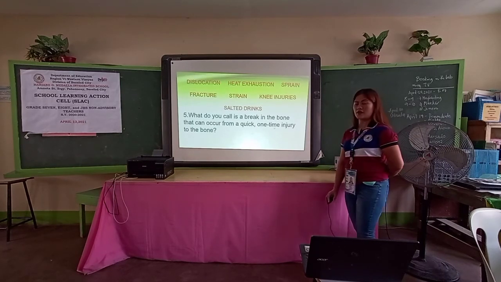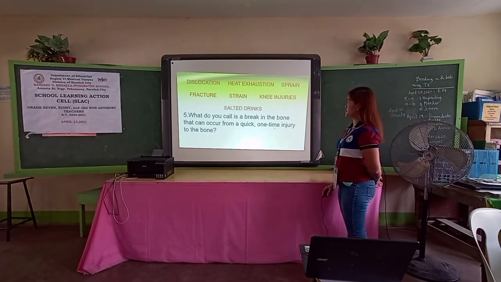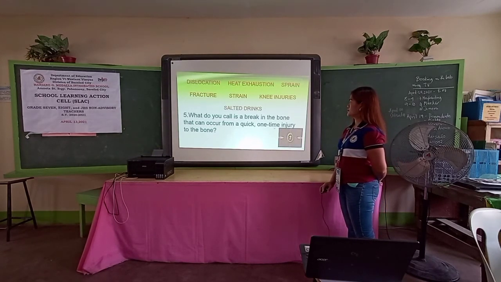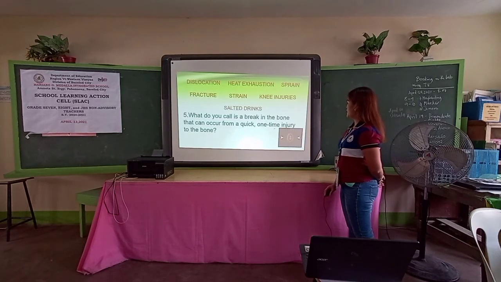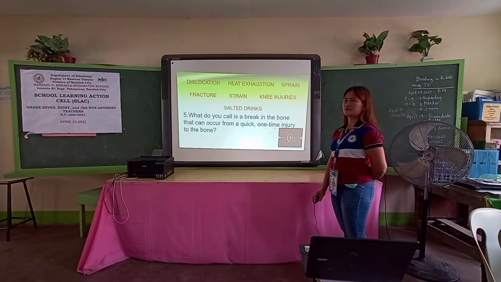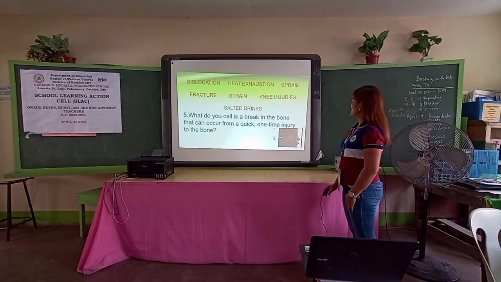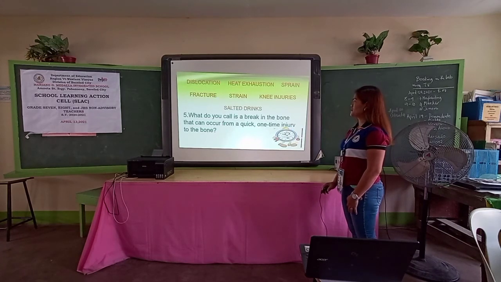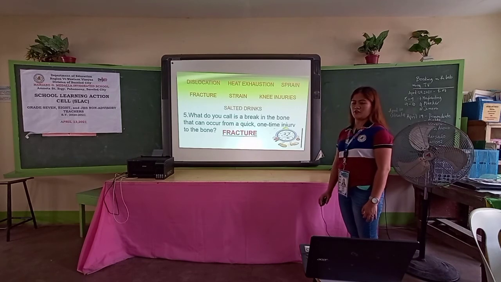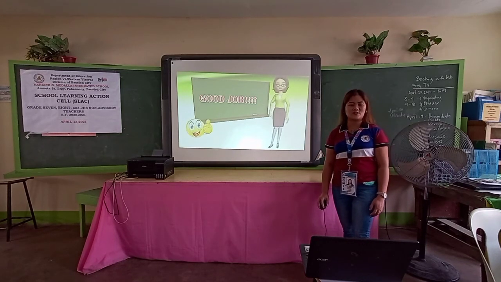What do you call a break in the bone that can occur from a quick, one-time injury to the bone? Let's wait for the time to start. And now. Time's up. The correct answer is fracture. Good job, everyone. You made it. You got all correct answers.